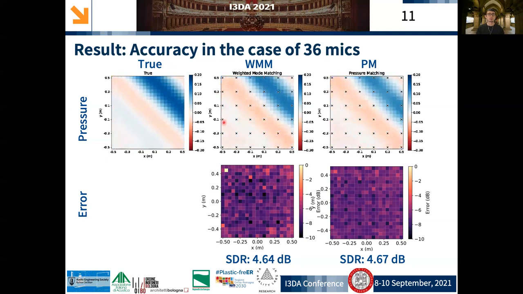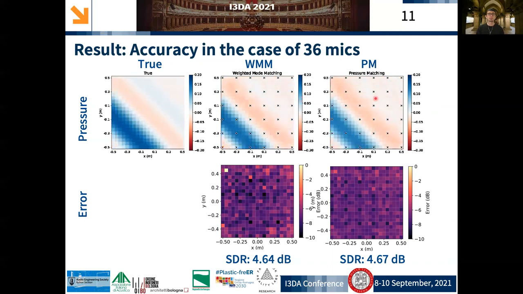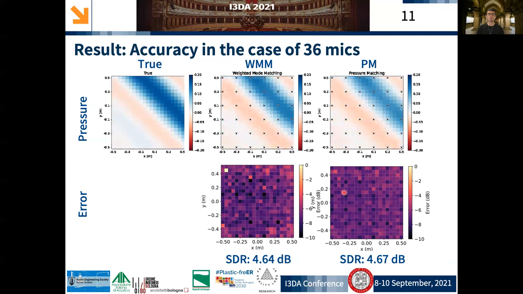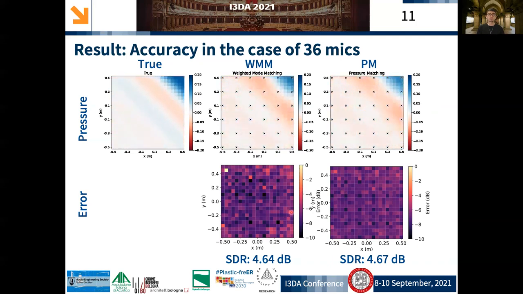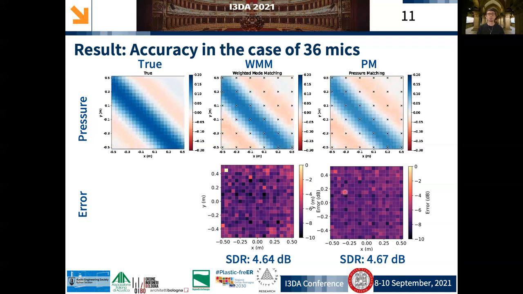These crosses indicate the position of the microphones. And these are the pressure field of true, WMM, and PM. And these are the time averaged error distribution. SDR was 4.64 dB for WMM and 4.67 dB for PM. So the difference between these two methods was small in this case.